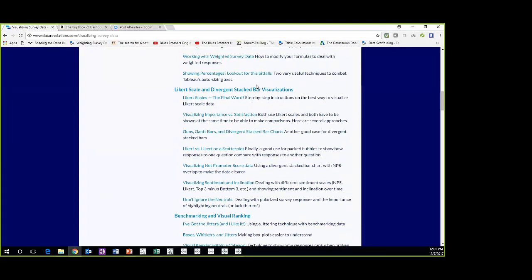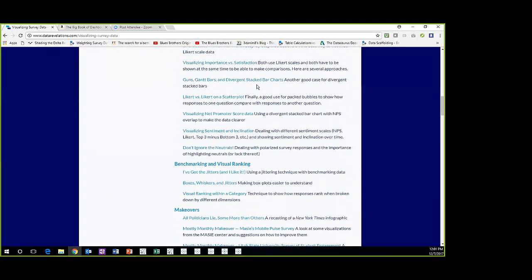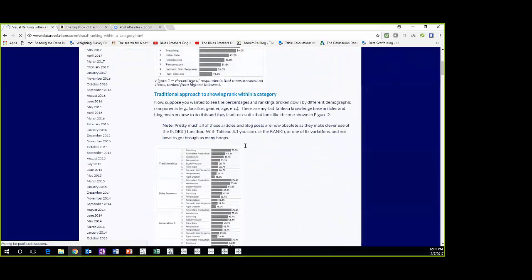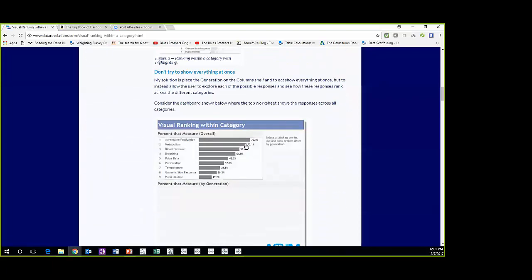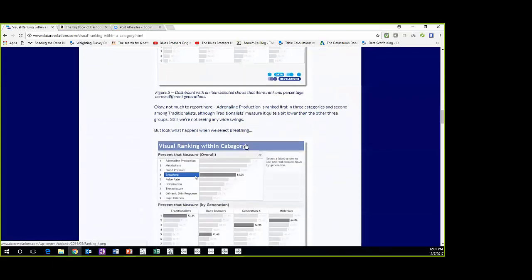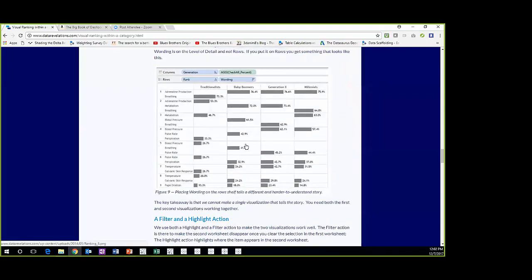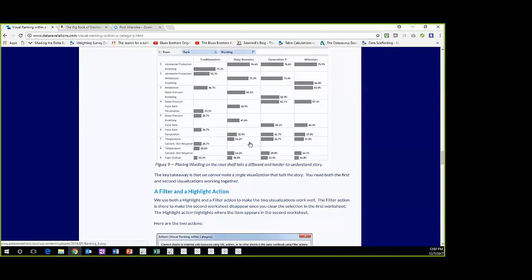Hey, I've got 100 things. I only want to see the top 10. Visual ranking within a category. Also, this is covered in the Big Book of Dashboards, specifically with sales data. And bigbookofdashboards.com has the workbook. Okay.